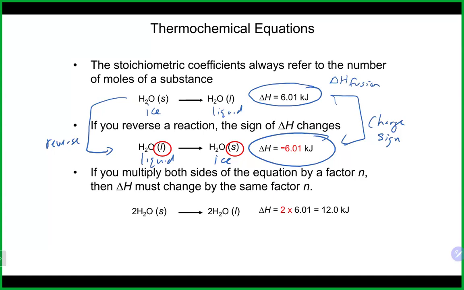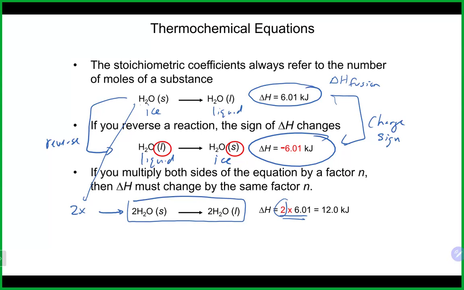Other things you could do to a reaction: maybe you don't just need one of something, but two of something. So you can multiply that entire equation, the first one here, by 2, and this gives you this equation here. What that does to the delta H is you multiply the delta H value by 2. The last thing you could do to these equations is divide by a common number.